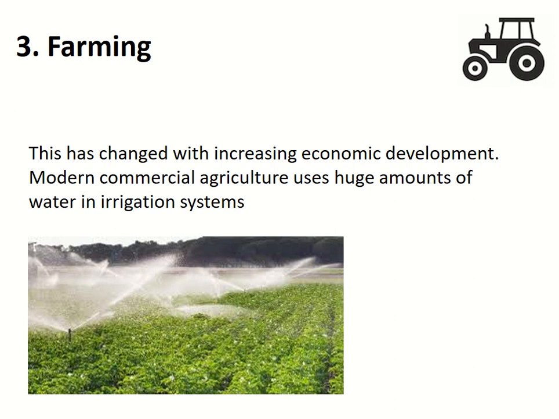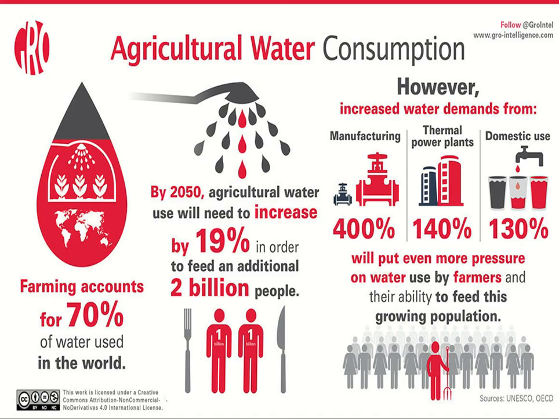And the last factor is farming. This has changed with increasing economic development. Modern commercial agriculture uses huge amounts of water in irrigation systems. So basically, for us to produce crops, we need a huge amount of water. In fact, farming accounts for 70% of the water used in the world.